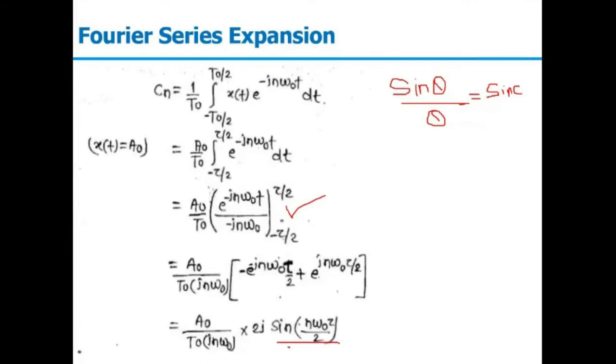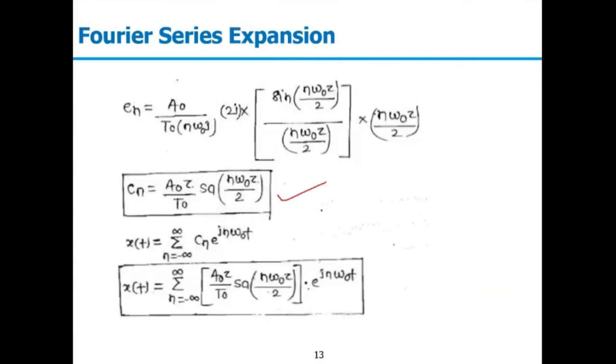So we can write that, let's multiply this by n omega naught tau by 2, and let's both divide and multiply by the same quantity. So here the 2 and 2 get cancelled out, the n and n get cancelled out, n omega naught and n omega naught get cancelled out. This is representing the sinc function. So what we are having is a naught tau divided by t naught times sinc function, sinc of n omega naught tau by 2. So this is what we were talking about.